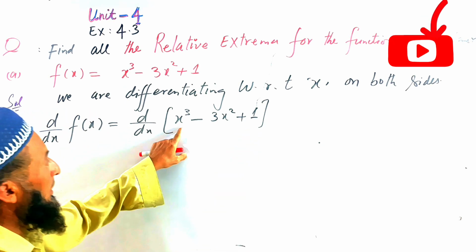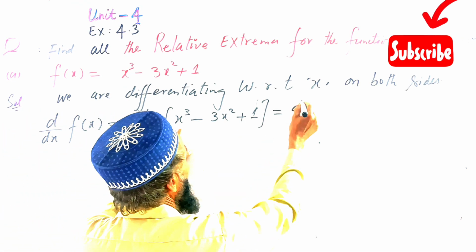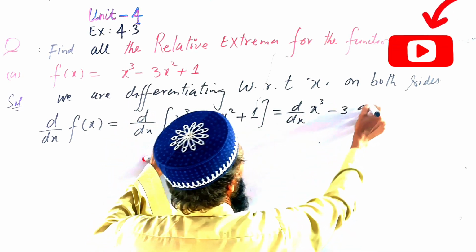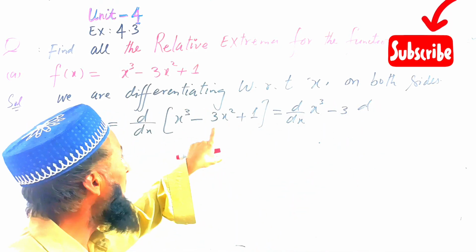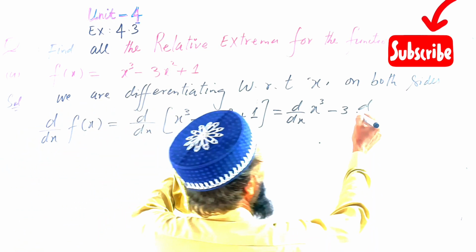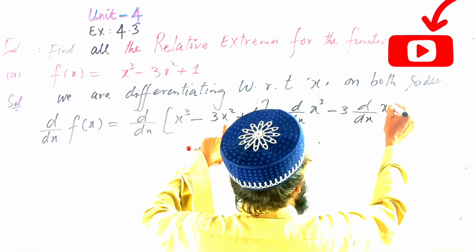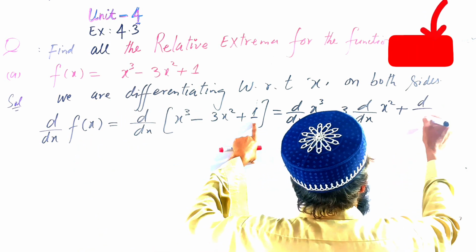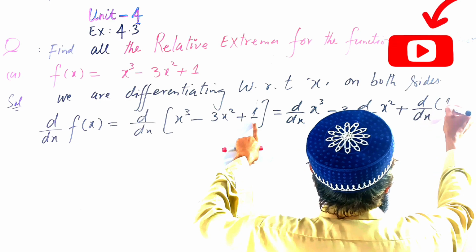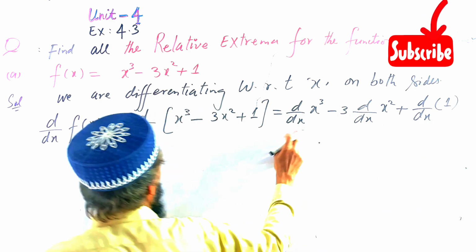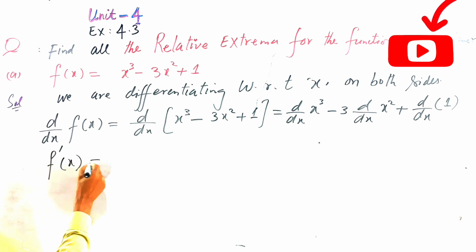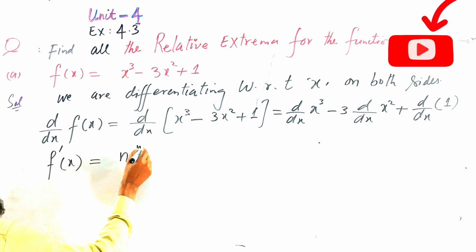We can write here individually apply dy by dx to x cube. Minus 3 is a constant, so we take it outside the function, and dy by dx x square. Plus 1, here no variable is present, so we apply dy by dx of 1. Now according to the power rule, f dash x, n x to the power n minus 1.